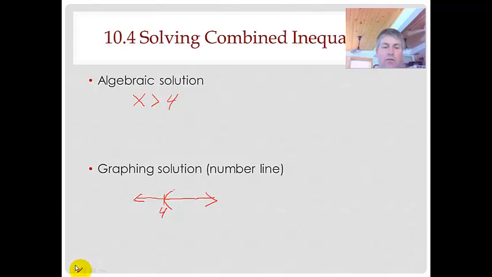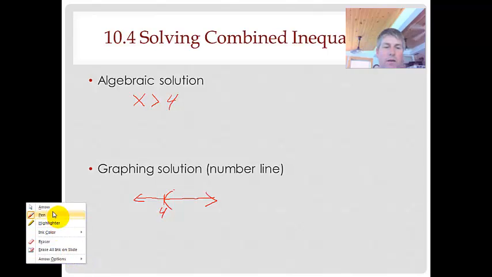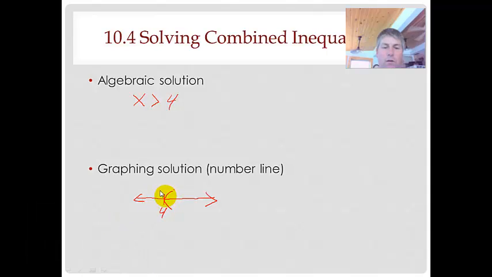I'll change the color of my pen here. Blue. And so everything greater than 4. And then using our interval notation, if we have x is greater than 4, so 4, comma, positive infinity.